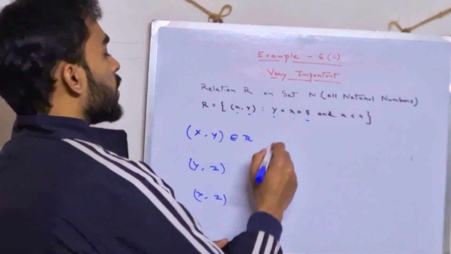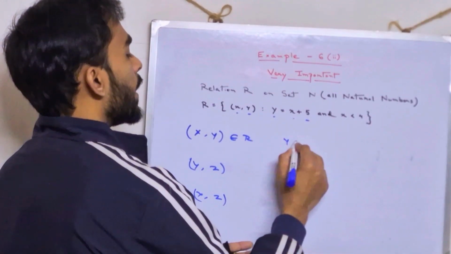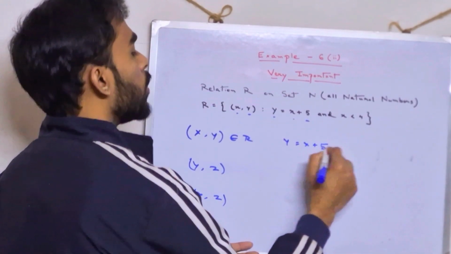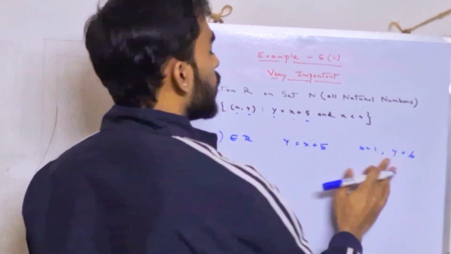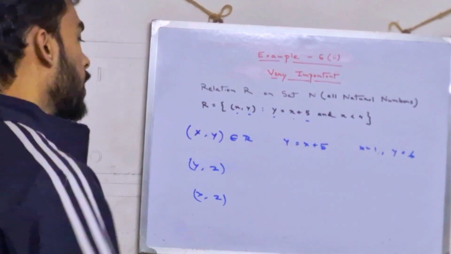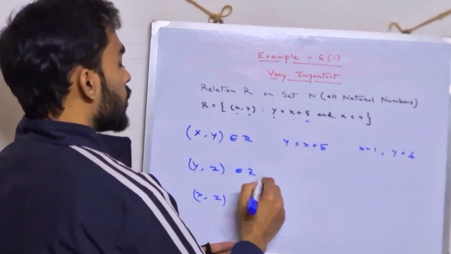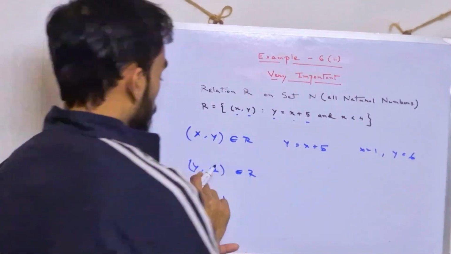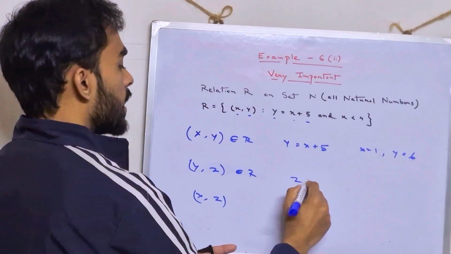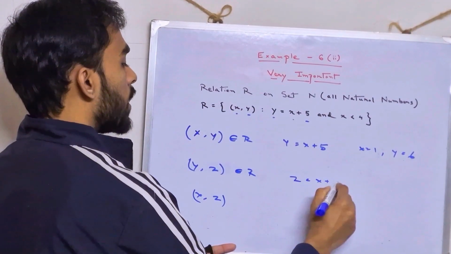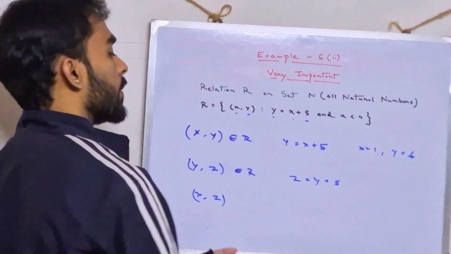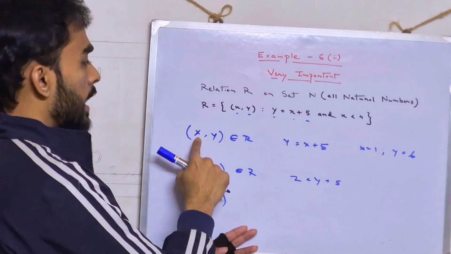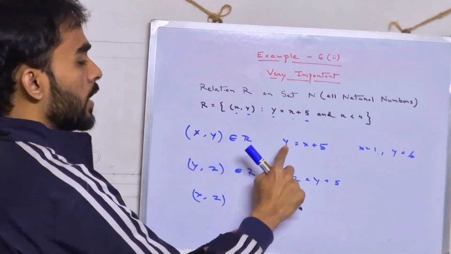When will x comma y belong to the relation? When this condition will follow, y equals x plus 5. Take a value of x, let's say x equals 1, y equals 6. Look guys, the condition follows. When will y comma z belong to the relation? For y comma z, it will be z equals y plus 5.